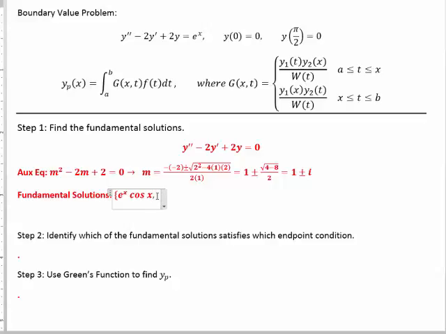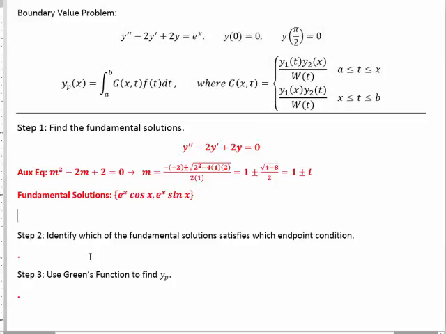And then the other one is e to the 1 times x again times sine of x. So those are our fundamental solutions, and instead of assigning them arbitrarily, one of them to be y1 and the other one to be y2, we need to identify which one satisfies what.